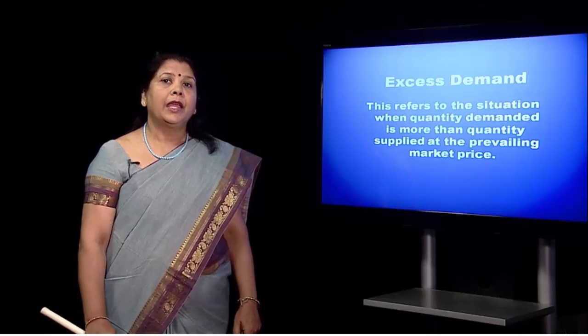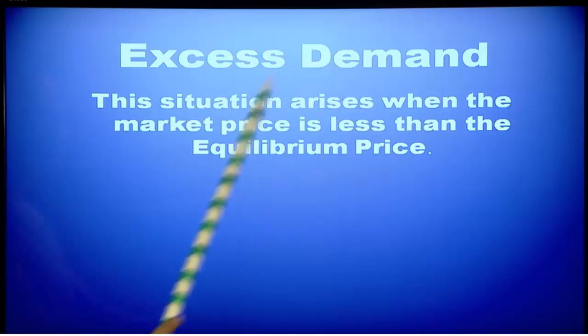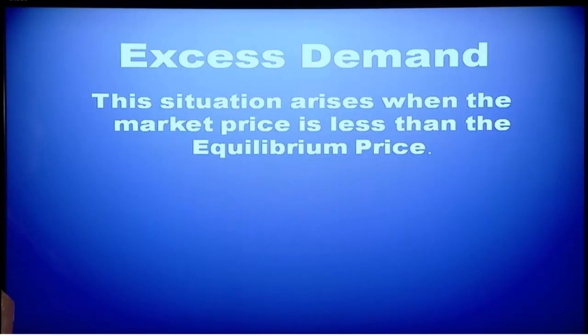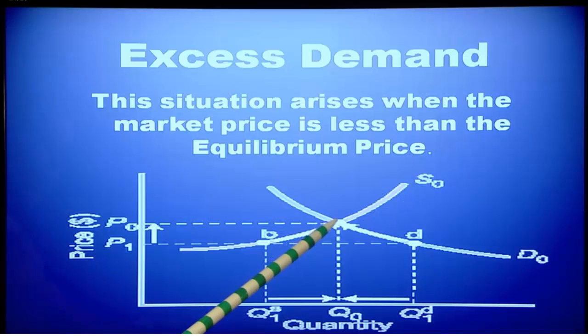Hence the term excess demand. This situation arises when the market price is less than the equilibrium price. That is, as we can see here, the equilibrium price is here.